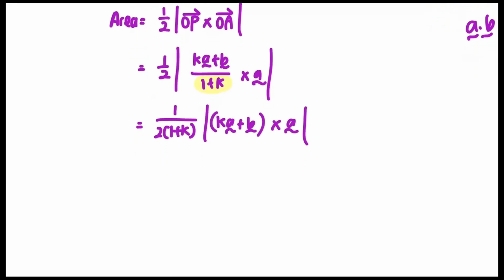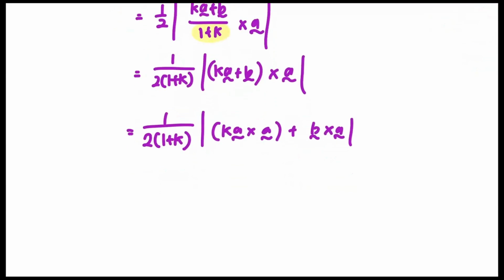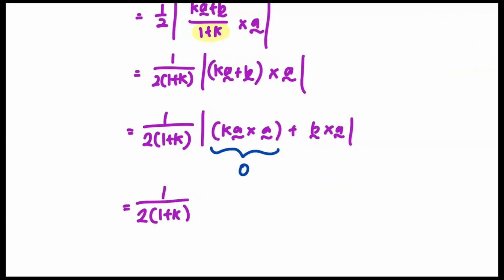And then after that, 1 over 2, 1 plus K, KA cross A plus B cross A. Now, we know that A cross A is 0. So whatever is left behind is just 1 over 2, 1 plus K times B cross A. B cross A, with the mod, is the same thing as A cross B.